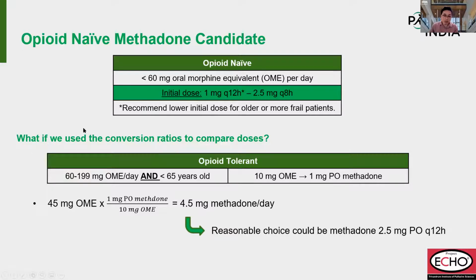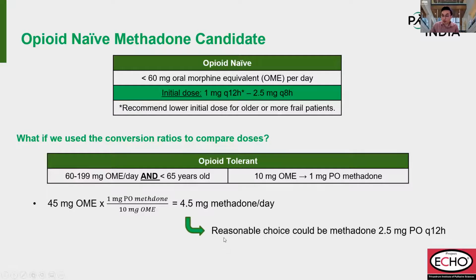But one thing I like to do is still play around and use that conversion ratio, just so I feel this will give me a better guess of what might be an appropriate dose. So if we use this patient case, she's less than 65 years old. She's definitely using less than 60 milligrams. So we can be a little bit more aggressive with this dose conversion, and we would get 4.5.